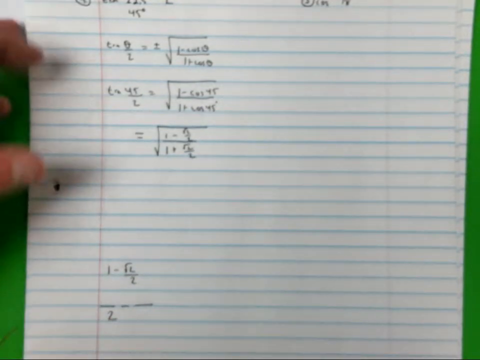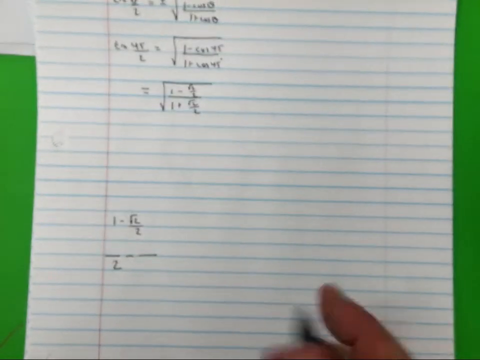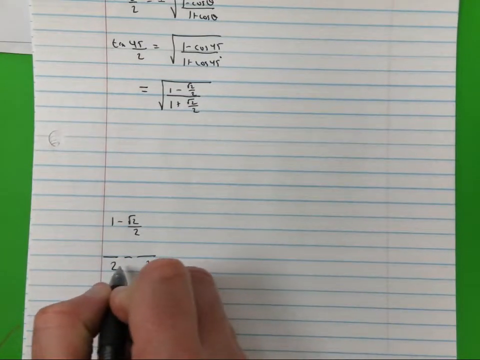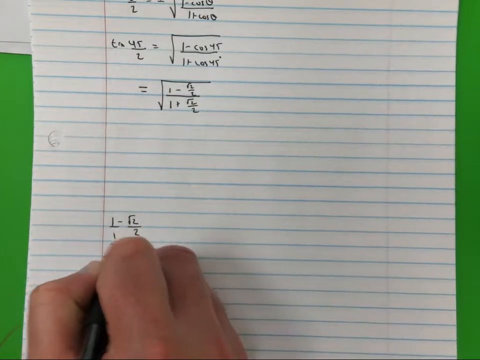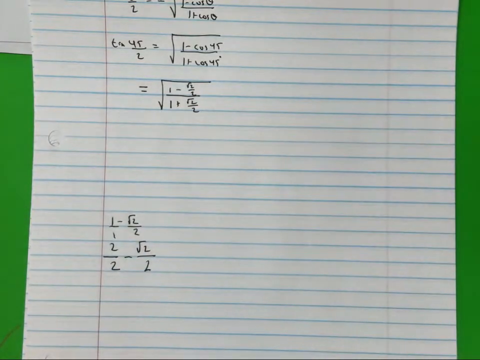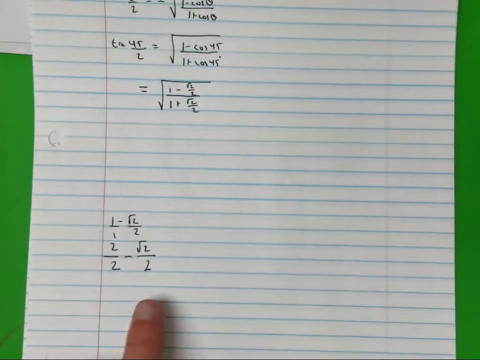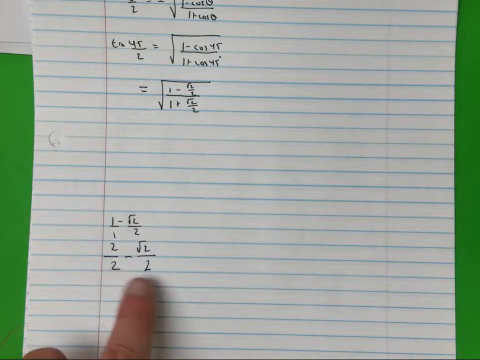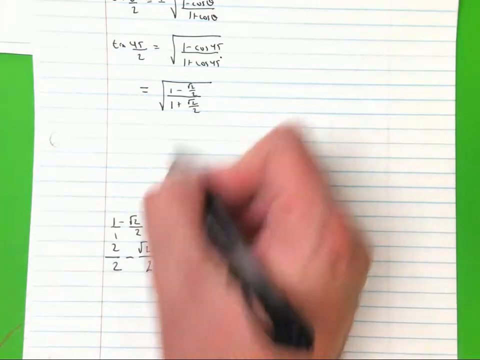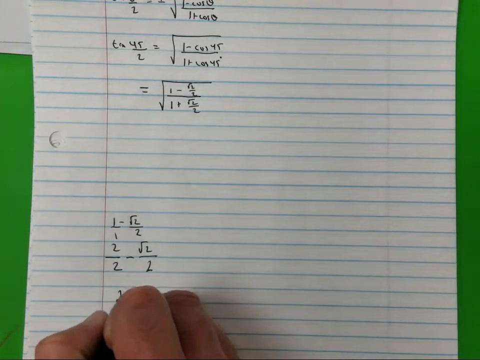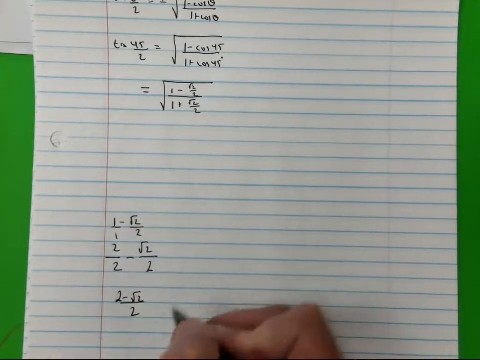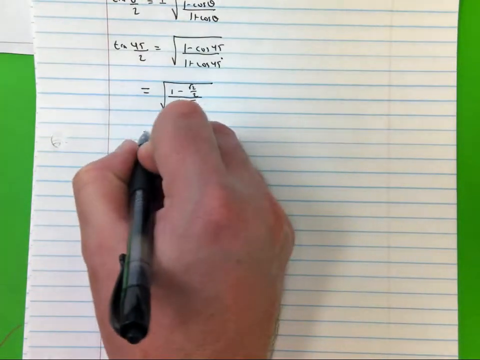Your common denominator is 2. So if I multiply this by 2, I multiply the numerator, and I get 2 minus square root of 2 over 2. I'm just doing this down here to show you how I'm getting this. Now I'm going to put that in place of the numerator.